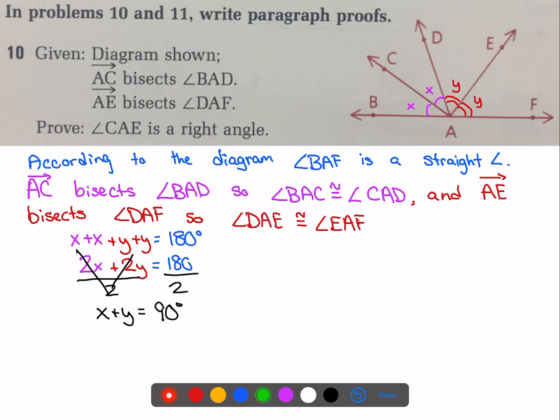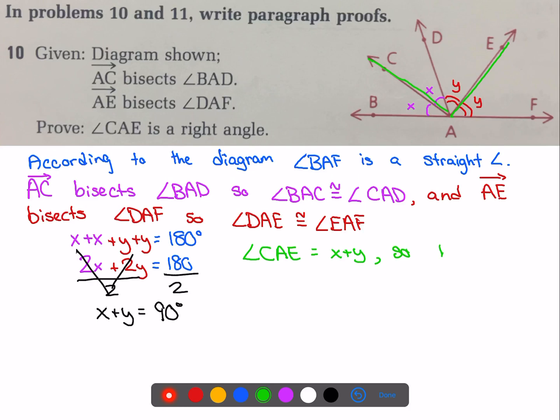Now again, we're looking for angle CAE, this green angle over here. We want to prove that's a right angle. So looking at angle CAE, we see that angle CAE is equal to x plus y. So you can go ahead and add that in my proof. Angle CAE is equal to x plus y.